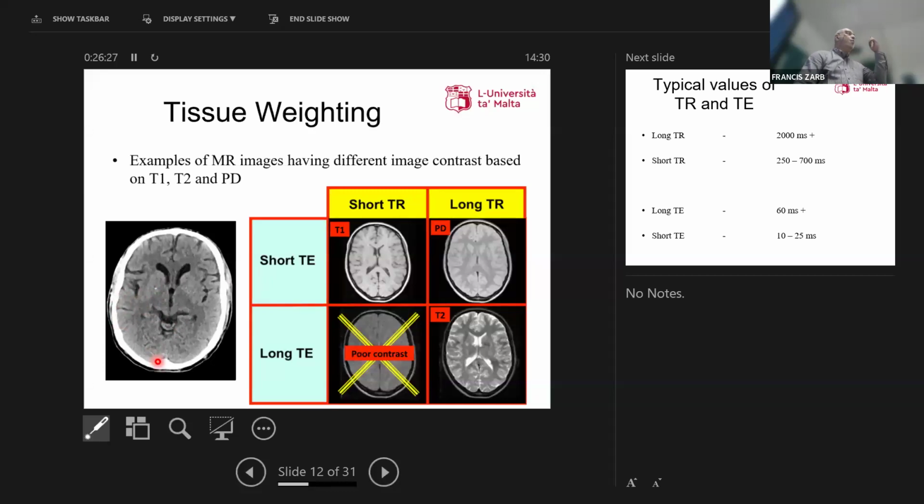CT has only one type of contrast, which is the absorption coefficient of the tissues for the X-ray beam. It doesn't rely on anything else. So the contrast is based only on the attenuation of the X-ray beam by the tissues.